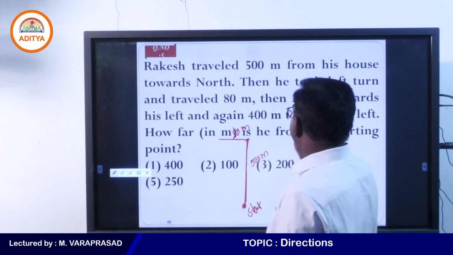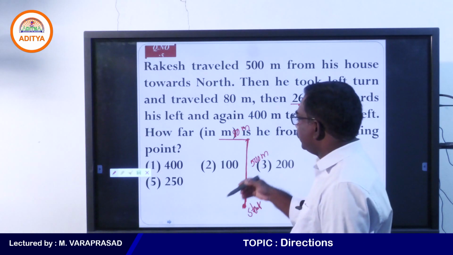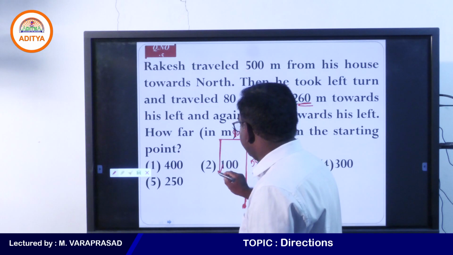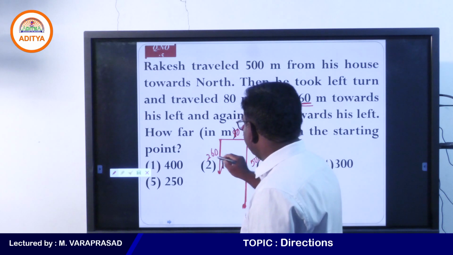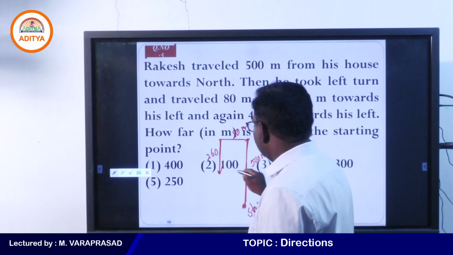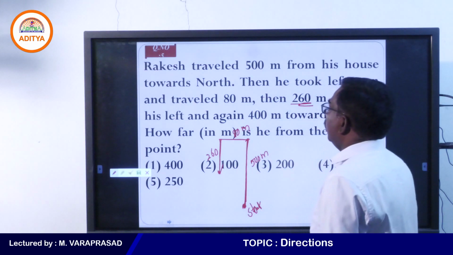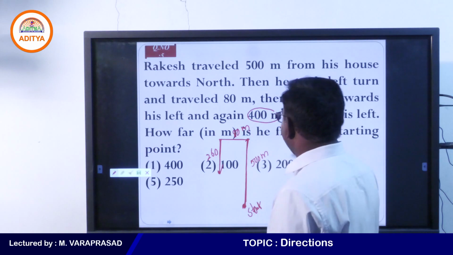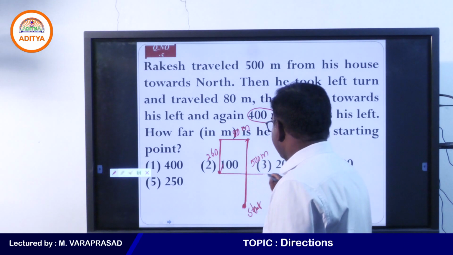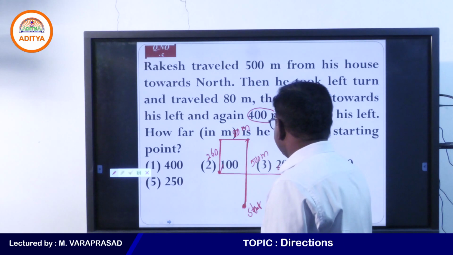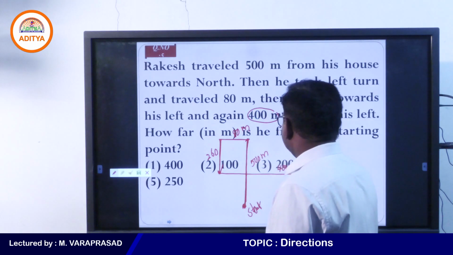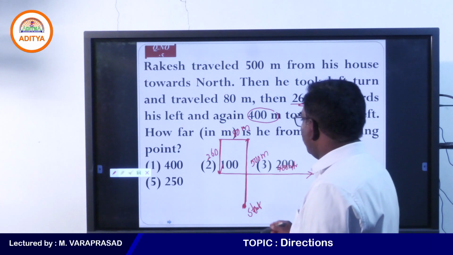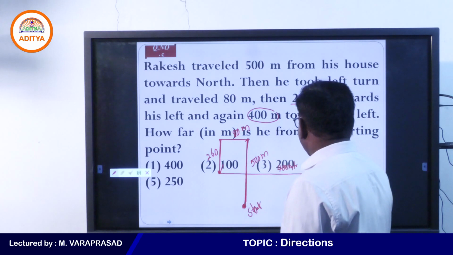After that what happens? Then he goes 260 meters towards his left, again left, 260 meters. 260 meters is more than half of this, since 250 is half. And again 400 meters towards his left. Now he is asking for the distance between the starting point and the end point.